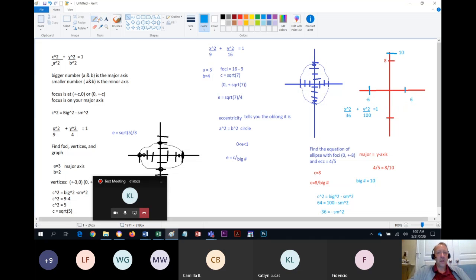Now my ellipse looks like, oh, I didn't draw it down here, but it's just a little bit lower there. And there you have it. So I was able to not only find the equation, which is this equation right here, but I was able to draw it as well.